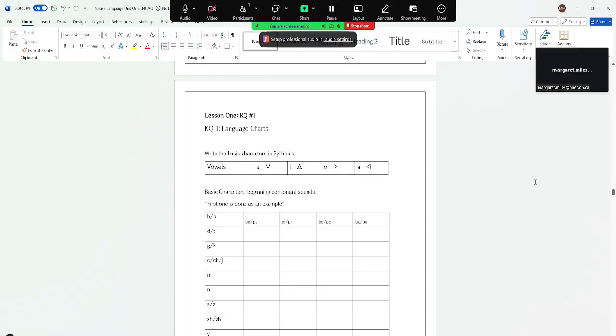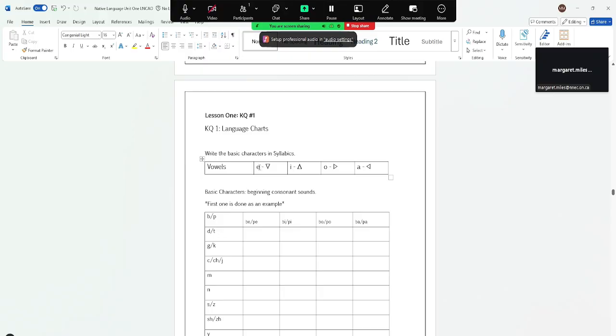So here, the first key question, and we will do a review again next class. So lesson 1, key question 1, it says write the basic characters in syllabics. So the first is the example. Vowels, e, i, o, a.